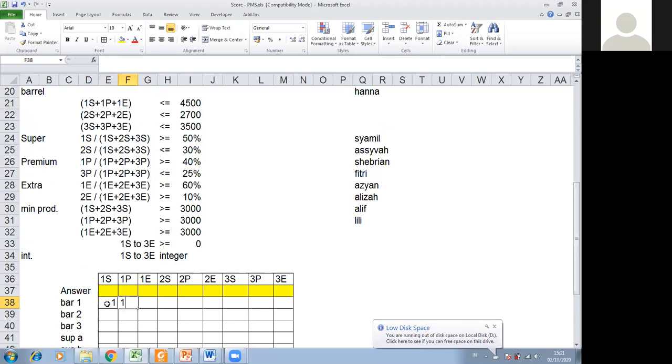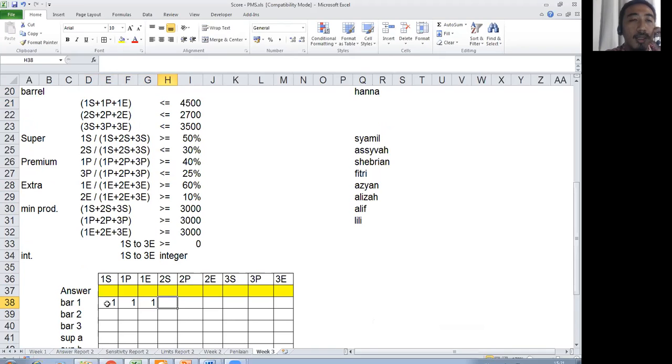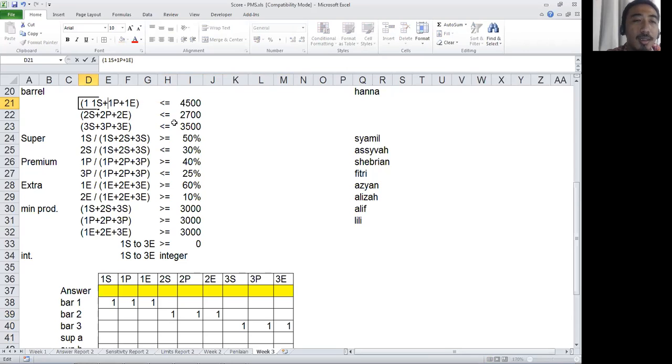Good. It means this is 1, then this is 1, 1. And then the second, also 1, 1, 1. This 1, 1, 1, 1. Because actually the long version of this, right, is 1s plus 1p. Like this, yeah.